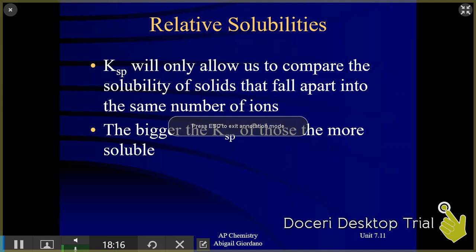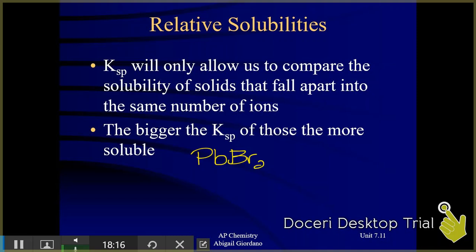Well, if we look at some examples from the previous slide, for example, those previous problems we were doing, one of the examples we looked at was lead bromide. This compound breaks down into 1 lead ion and 2 bromides. So that is 3 total ions.